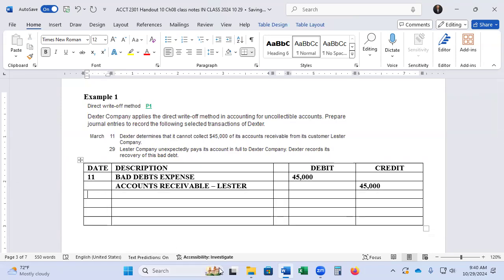So it unexpectedly pays its account in full on the 29th. So we have to reverse this. So we have accounts receivable Lester for 45,000 and a credit to bad debts expense for 45,000.